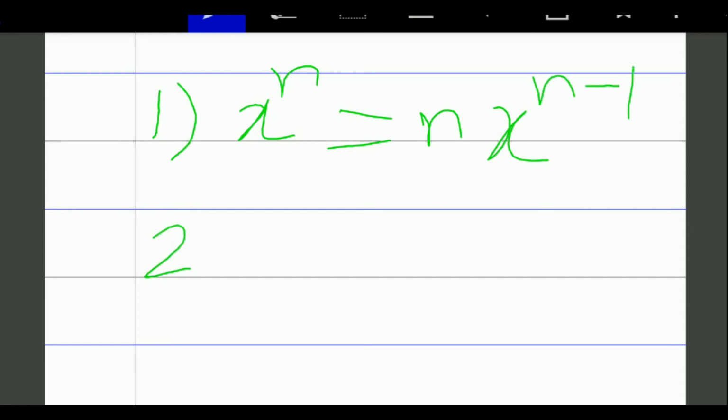The second rule is for sin x, which becomes cos x.